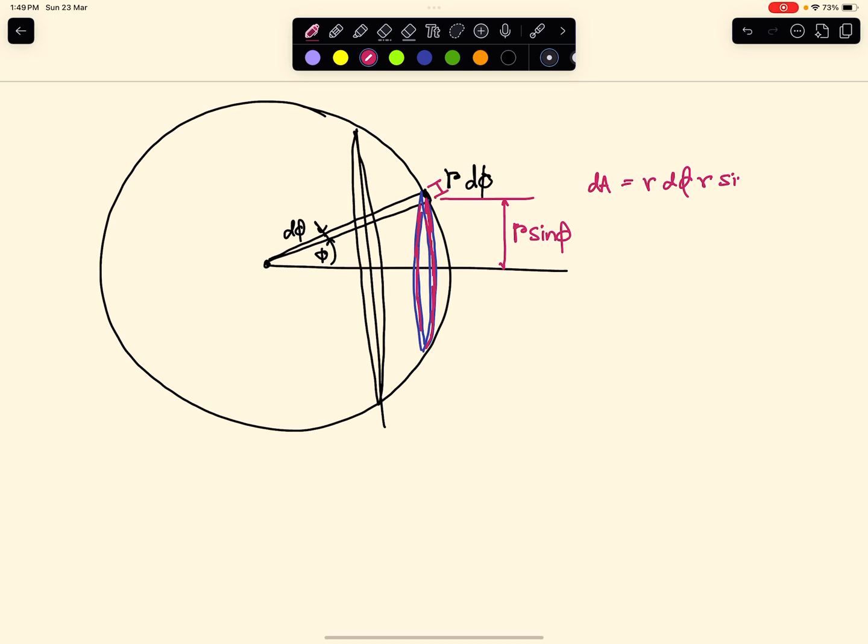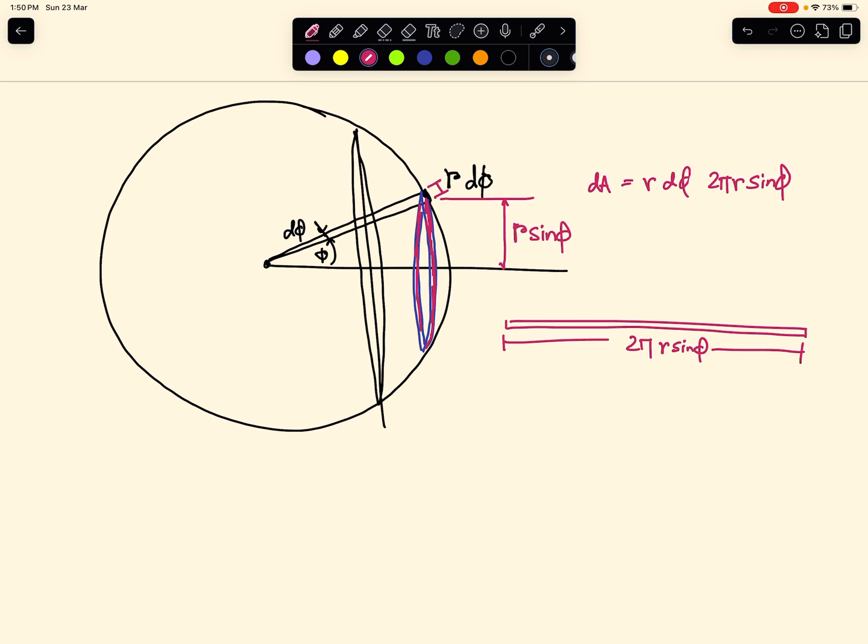Rather, the radius is r sin phi, so the circumference will be 2 pi r sin phi, right? Because when you open up the strip, you get 2 pi into radius. The radius is itself r sin phi, and this small width is r d phi.